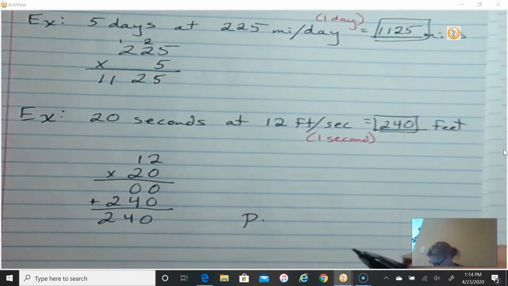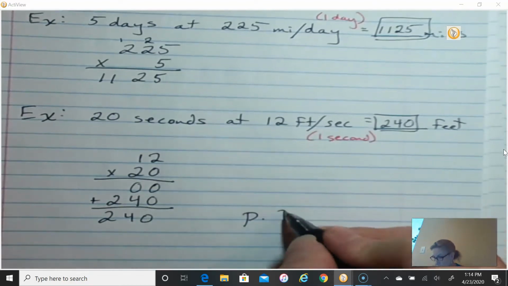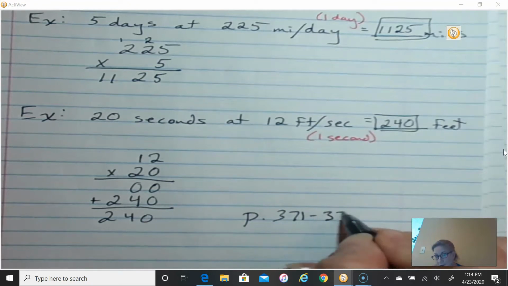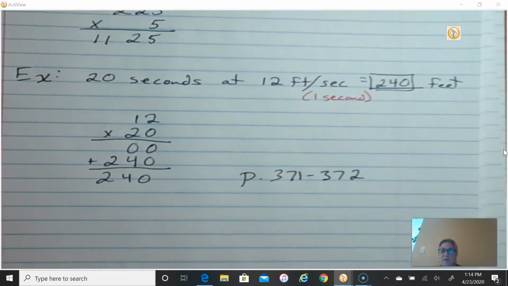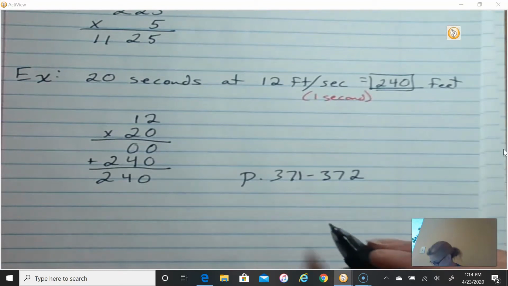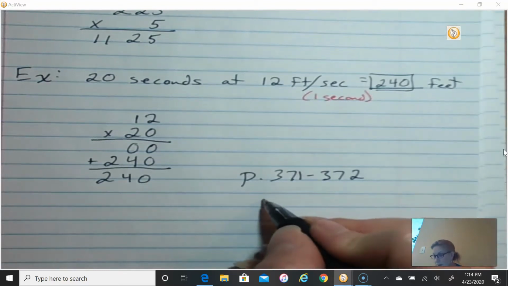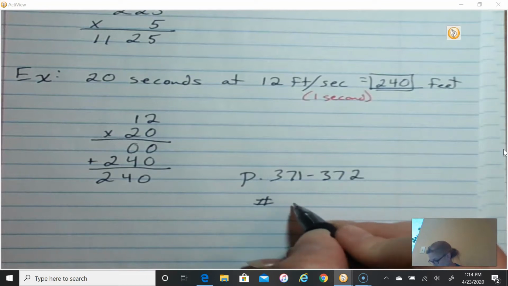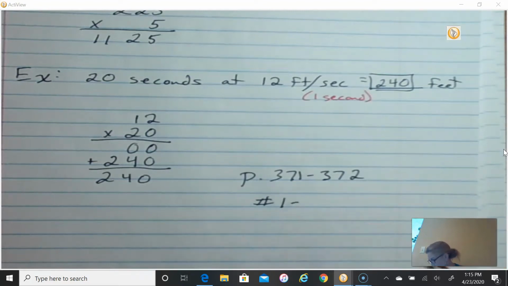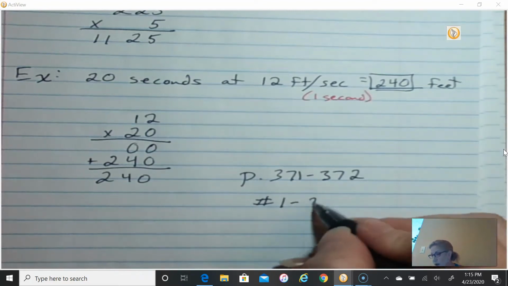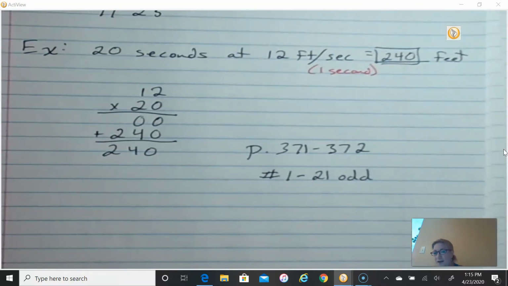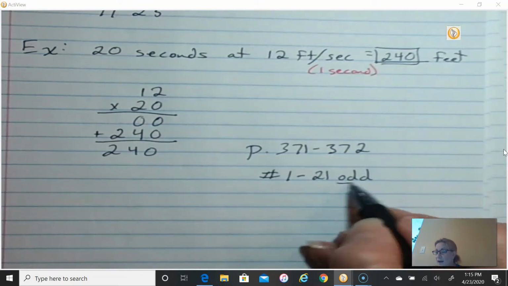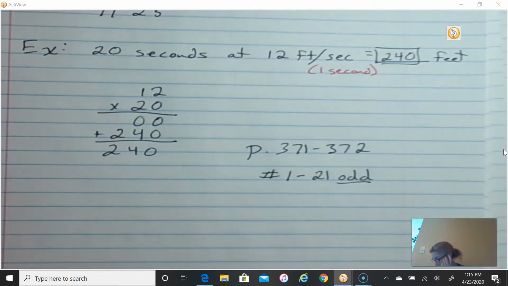Okay, so you're going to do page 371 to 372. Hey, some of you are forgetting to do that second page, or you're doing it, but you're forgetting to take a picture and upload it. So make sure you submit both pictures, both pages. Do 1 through 21 odd. I said odd, boys and girls. Don't do even, don't do them all. Odd numbers, okay? That's like 11 problems. I think you can handle it.